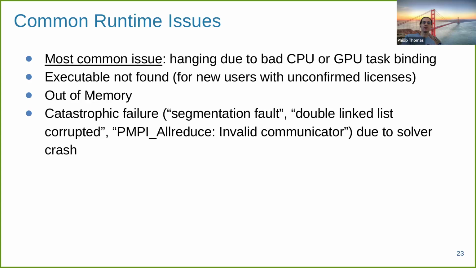Another type of failure is catastrophic failures, such as segmentation faults or MPI errors. And these were more common with earlier versions of VASP, such as VASP 5, than they are in the newer versions. And they also occasionally occur in versions of VASP that have been compiled with plugins.